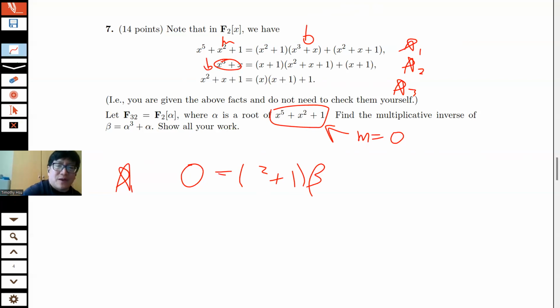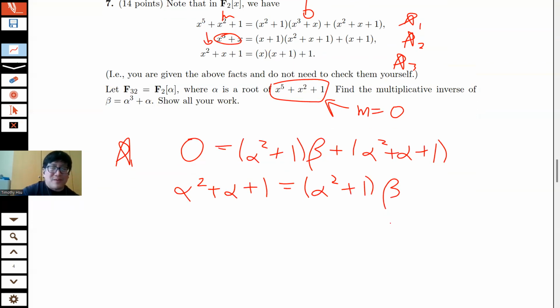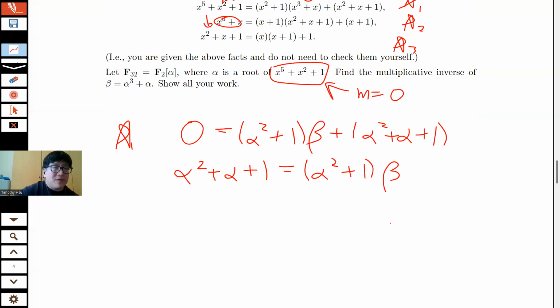If you write x squared, it's fine. But I'm going to be a little fussy and write alpha squared. So it's alpha squared plus 1 times beta plus alpha squared plus alpha plus 1. And so if we rewrite and solve for the remainder, we get alpha squared plus alpha plus 1 is equal to alpha squared plus 1 times beta, because thank God in characteristic 2, plus is equal to minus. So I hope everybody's good so far. We get to star 2.